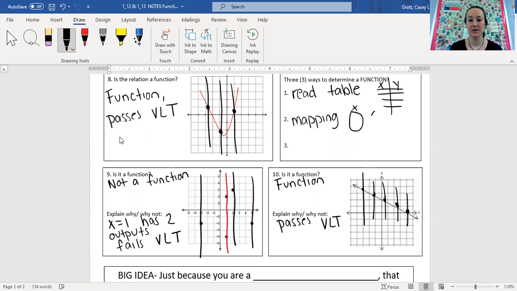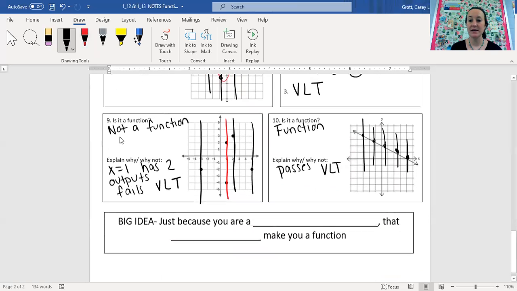Those weird things with all the arrows coming off of it. And we looked at the vertical line test on graphs. All three of these, you guys will need to know how to tell whether it is a function or not a function. Okay, and you've got examples to look back on.